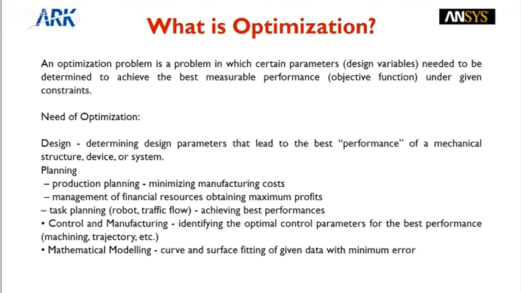Whatever my design or structure is, when I put some technical inputs to that, it should perform very well, and in robotics, it should be good. And the most important part is mathematical modeling.